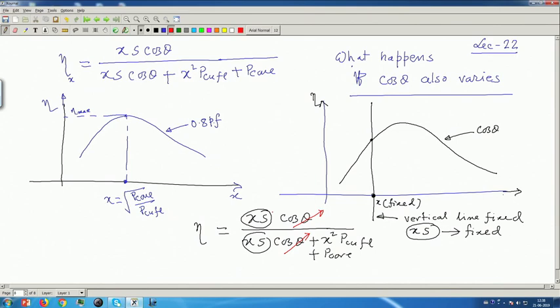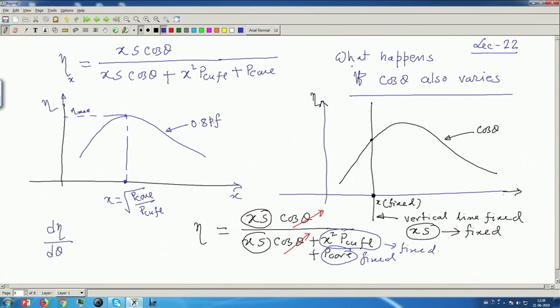Now, what I will do next is take d eta by d theta of this expression. In this modified problem statement, P_core is fixed, x square P_CU full load is fixed, because I am not going to change x; I will be on this line only.